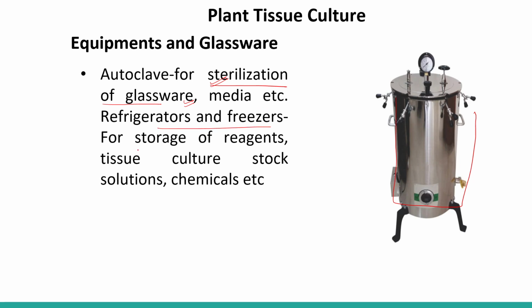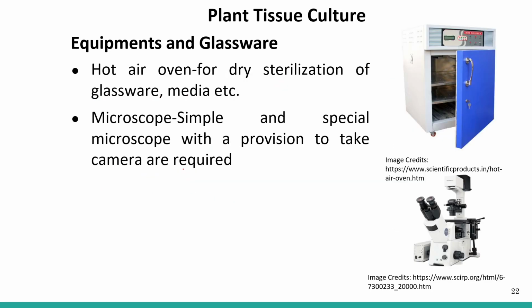Refrigerators and the freezer for the storage of the reagents, tissue culture stock and the solutions, chemicals, etc. So autoclave is very important, and the refrigerators also. Hot air oven for the dry sterilization of the glassware and media. So we have to sterilize dry, so we require a hot air oven.